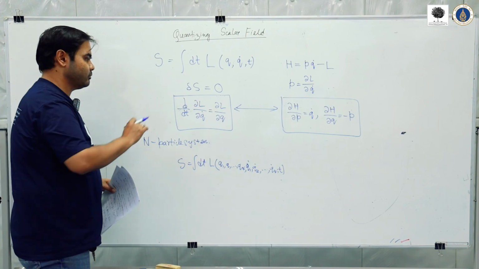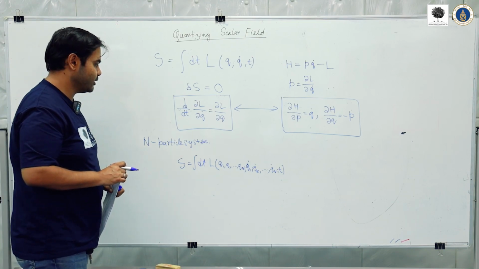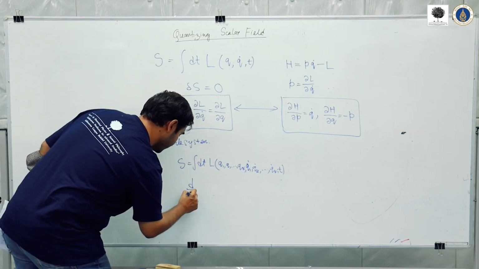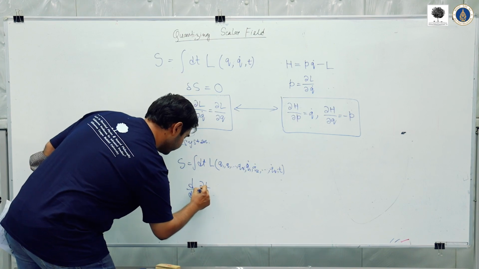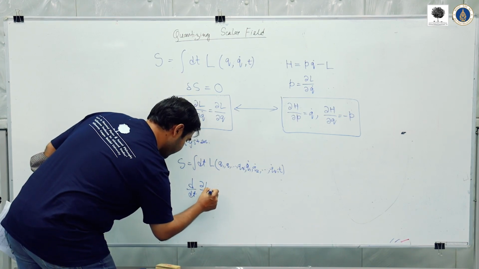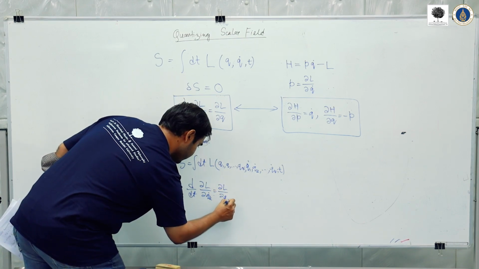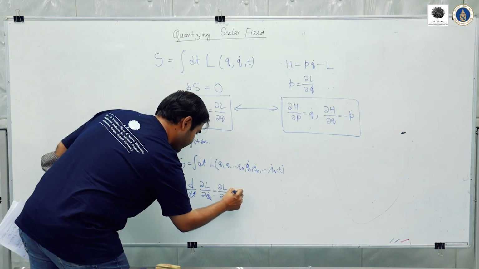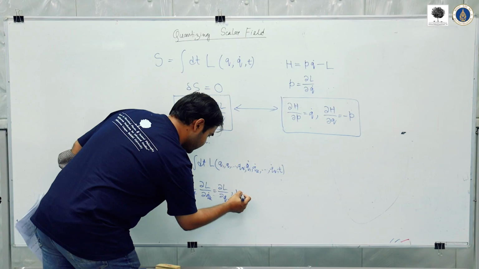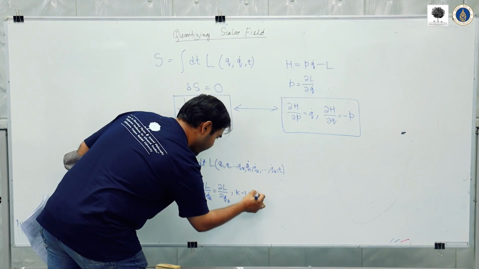Everything looks the same, you just have to put certain indices. For example, the Lagrange equation will become d/dt of ∂L/∂q̇k equal to ∂L/∂qk, which holds for every k that belongs to the set 1, 2 up to n.